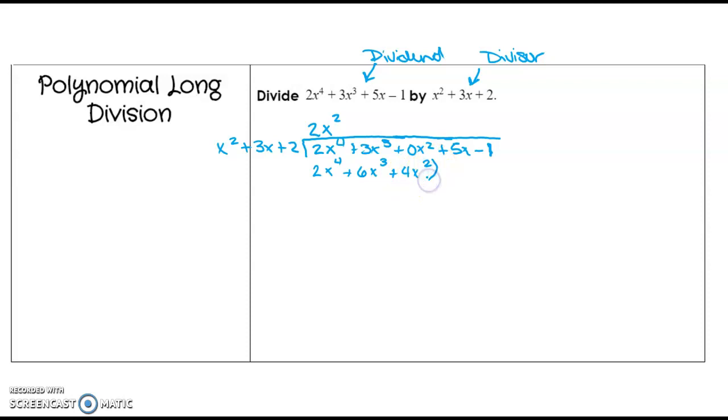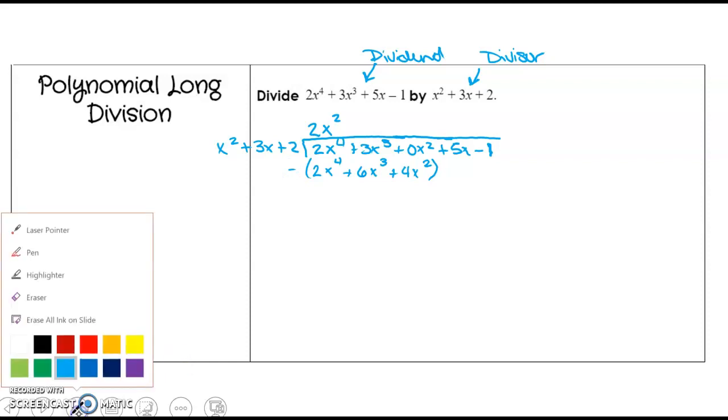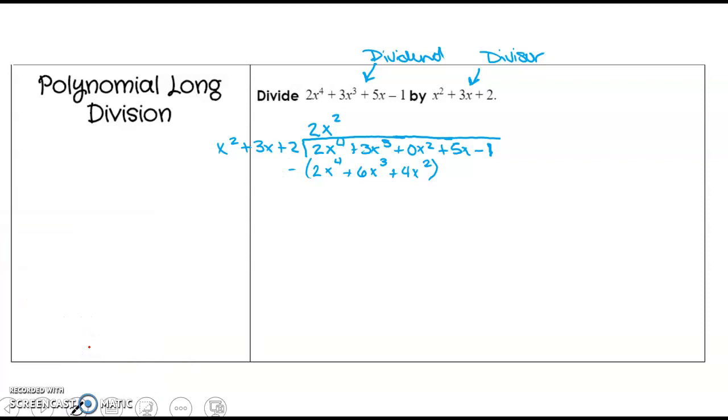Okay, so remember, now we're subtracting this entire polynomial. We're not just subtracting the first part, we're subtracting the entire polynomial. So instead of writing it as a subtraction problem, I'm going to rewrite this as adding, and since I am distributing a negative, I multiply a negative 1 times every term on the inside of those parentheses, and then I can continue.